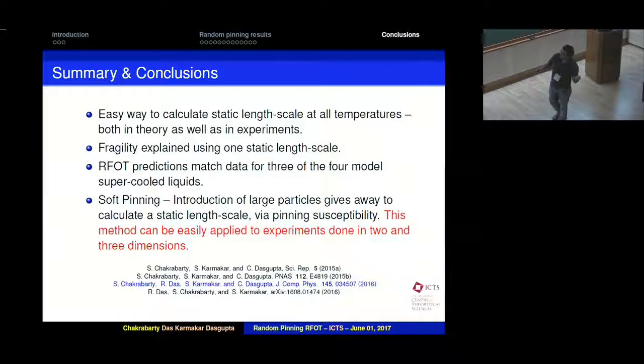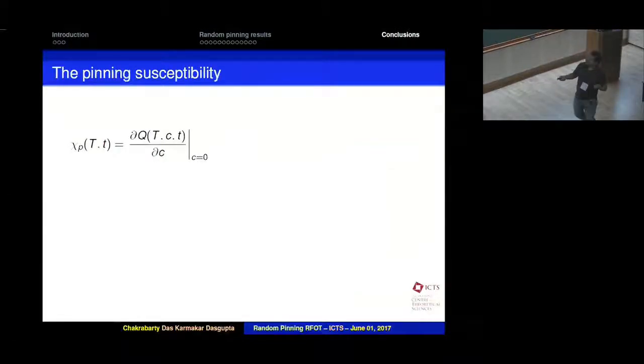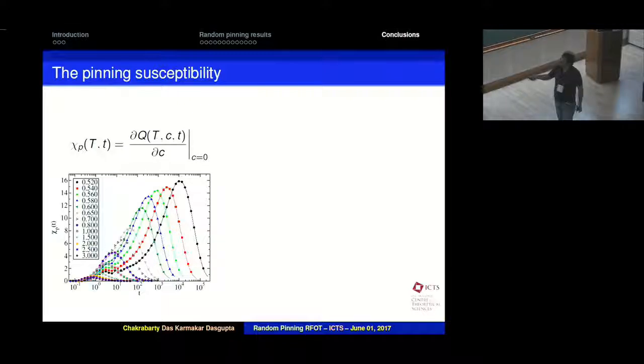I'll just go to the next slide. In that case, even in the usual case, you can construct something called the pinning susceptibility, which is a measure of how much your overlap correlation function changes when you introduce pinning. This is the formula for that, and when you plot this quantity, you get something which looks like this.